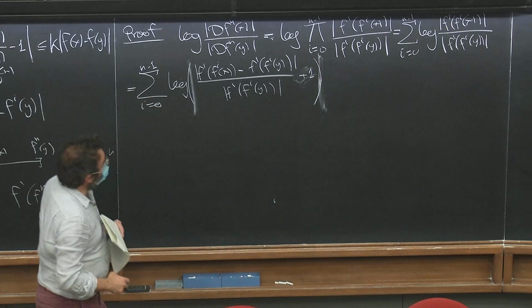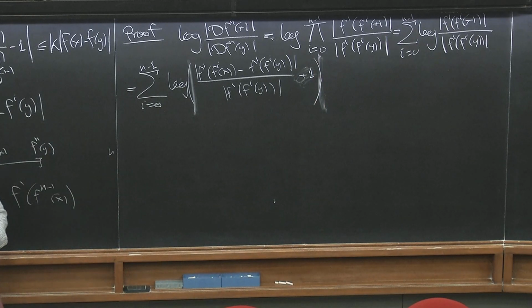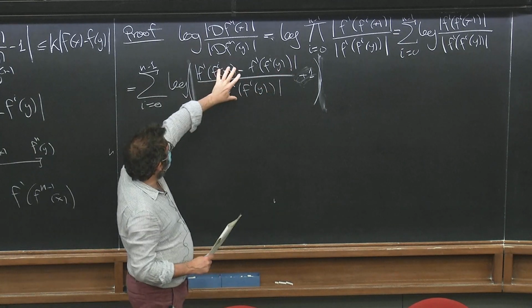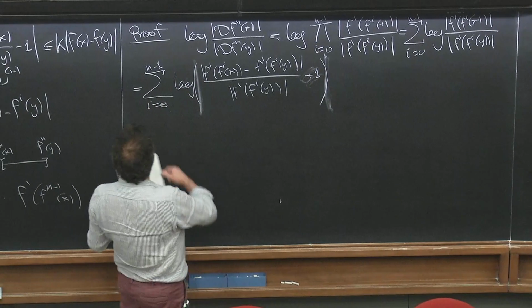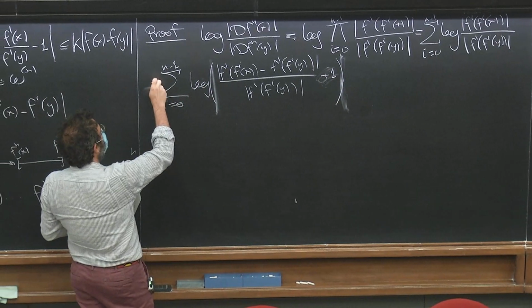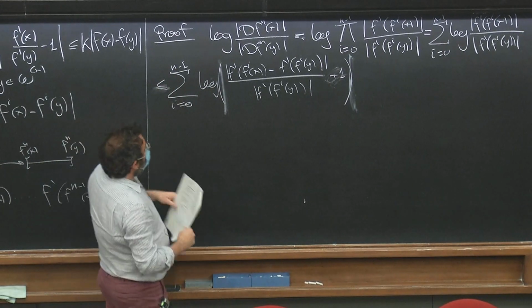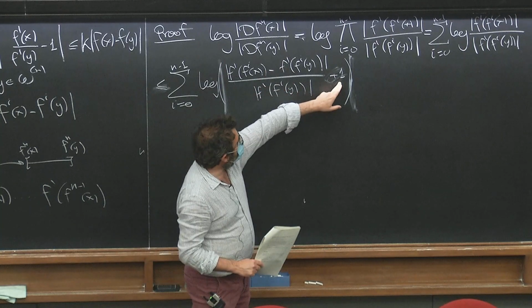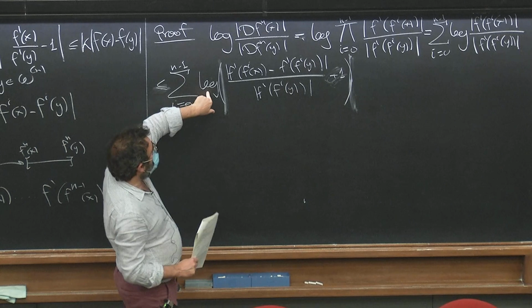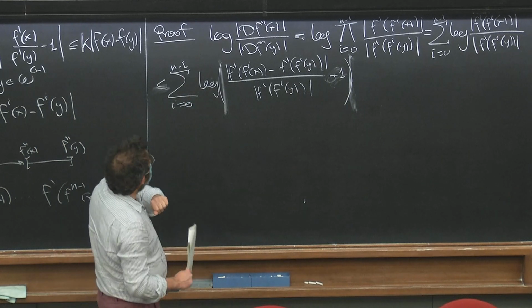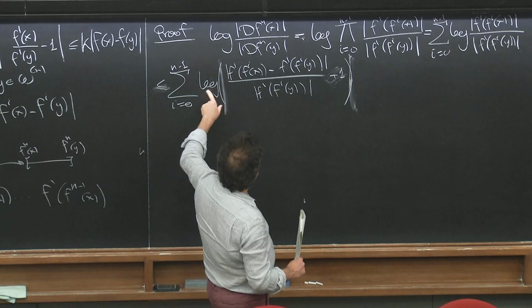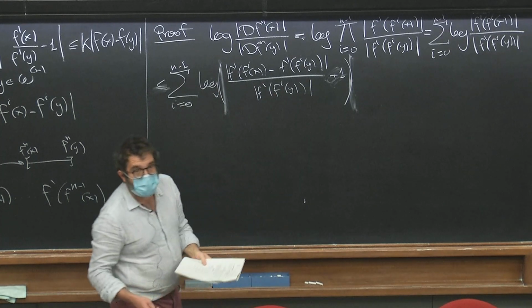And then a standard property of the log, right? So this is positive once we put the absolute values inside. So I guess we need to put a less than or equal to here. Once we put the absolute values inside, this is positive plus 1. So we can drop the logarithm, because the log of 1 plus x is always less than or equal to x.